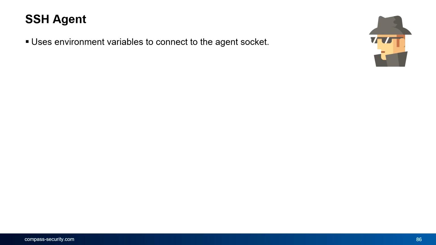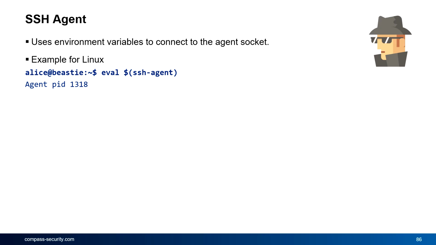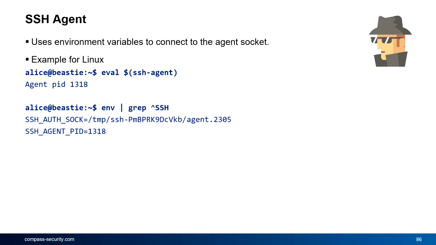If you start the SSH agent, 2 new environment variables will be set. These environment variables point to sockets which the SSH agent client can use for communication. So if we start the SSH agent, it will just print out the process ID, but it will also set 2 new environment variables.